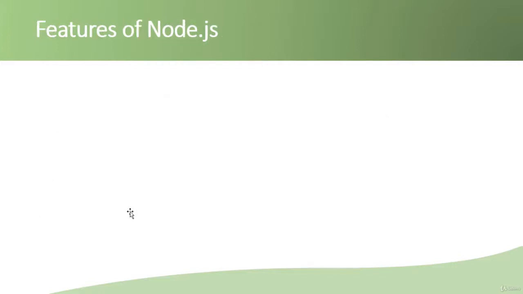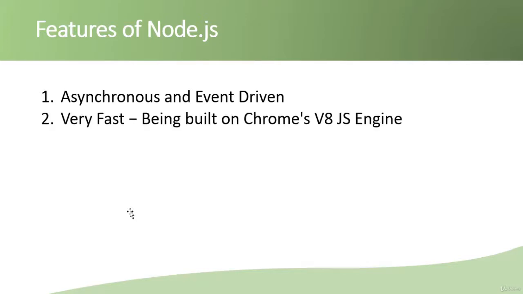Next, we have some features of Node.js. First of all, asynchronous and event-driven. We are also going to discuss this in our next section when we discuss the behind the scenes of Node.js. So don't get confused with it right now, okay? And next is very fast, being built on Chrome's V8 JS engine.